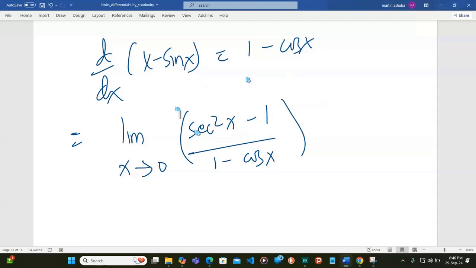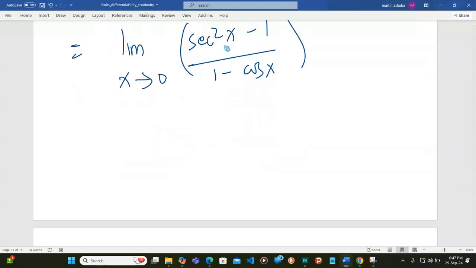If we put in 0, this would be 1 out of cos squared 0, and cos 0 is 1. So this becomes 1 minus 1, and that becomes 0. What about the denominator, 1 minus 1? That becomes 0. So we again go ahead.